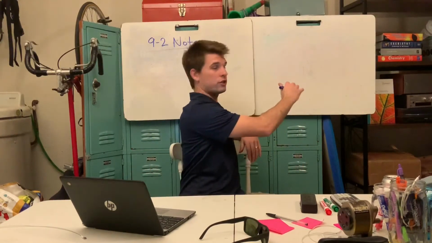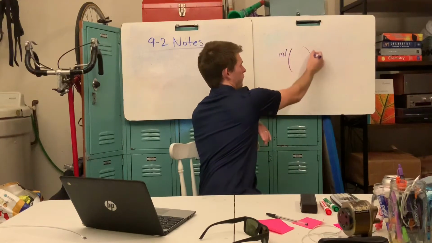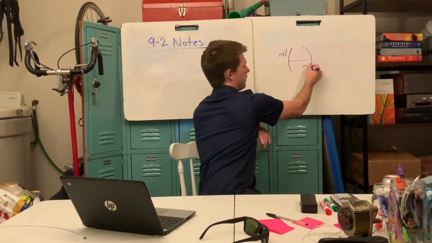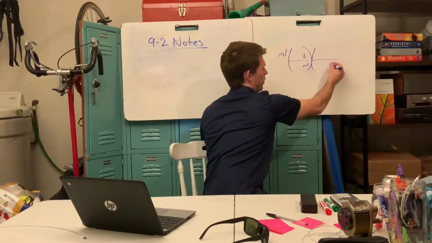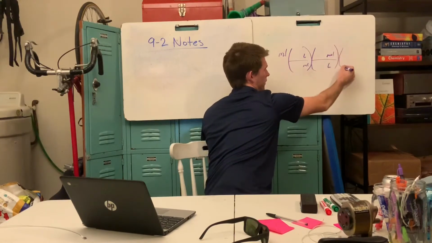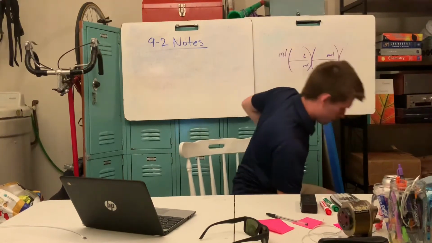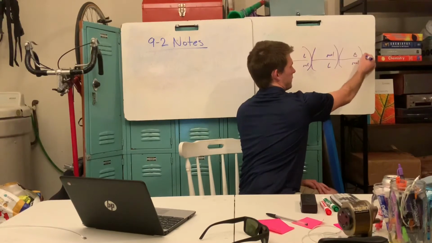We're first going to have milliliters. In our first conversion factor, we have milliliters to liters. Then we have liters to moles. And finally, our last one is going to be moles to grams.